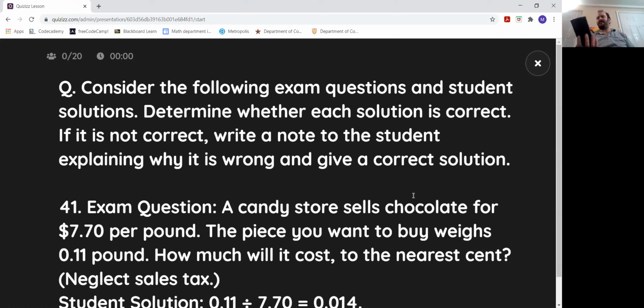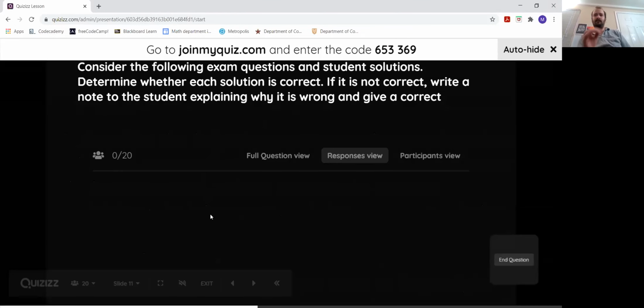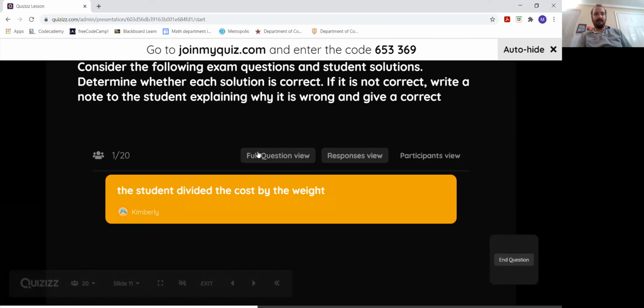How much are they going to charge you? It's not an even amount, so you probably got to round it. And you got to use a little context maybe to know which direction to round it. So how much are they going to charge you for your chocolate?